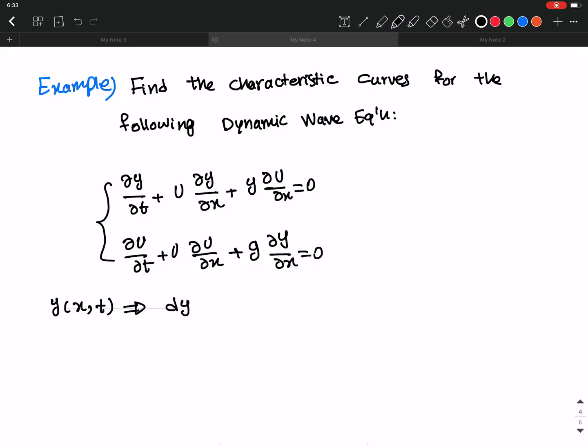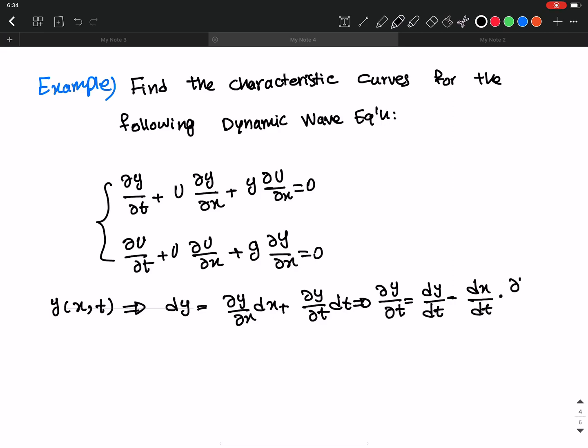So I can write the total differential dy as partial y partial x dx plus partial y partial t dt, and then rearrange the terms and write partial y partial t equals dy/dt minus dx/dt times partial y partial x.